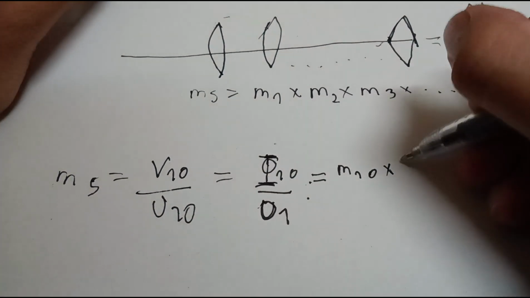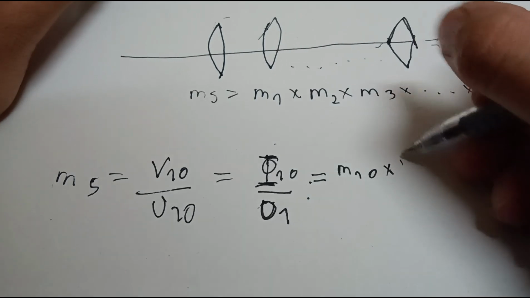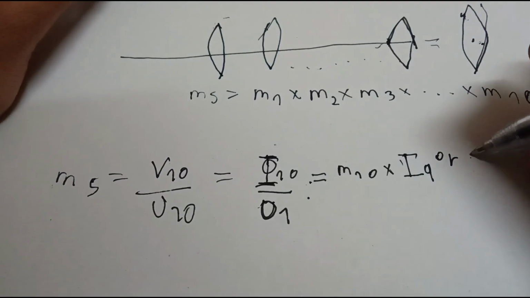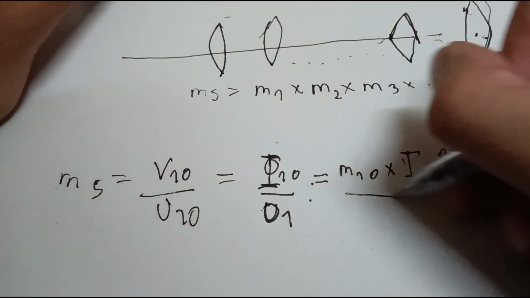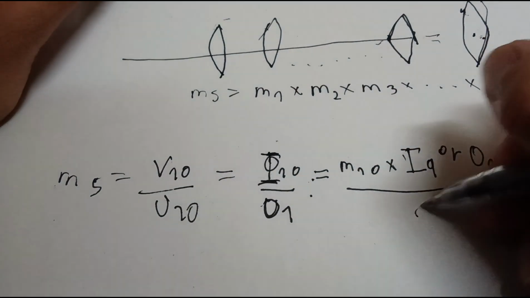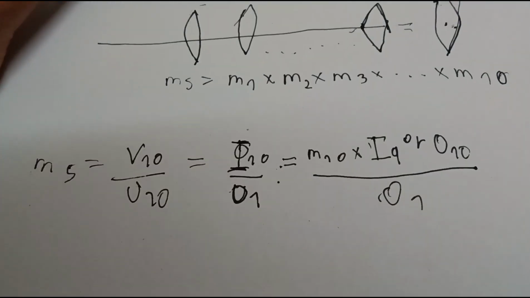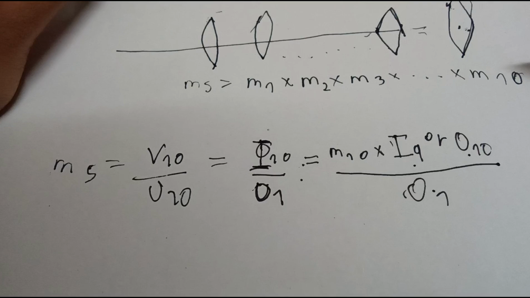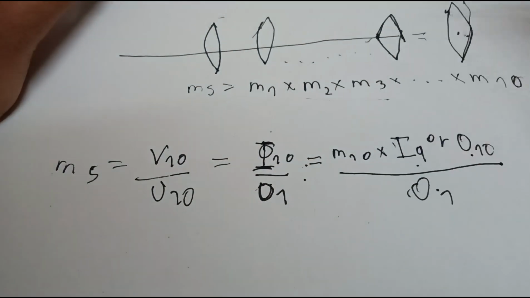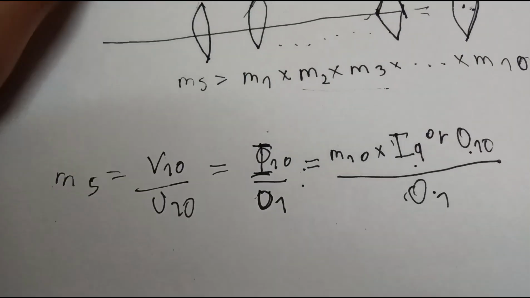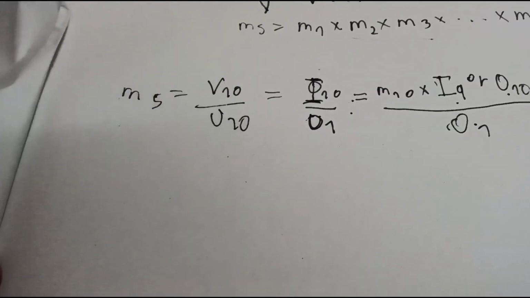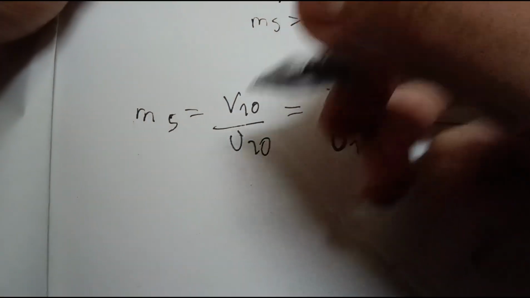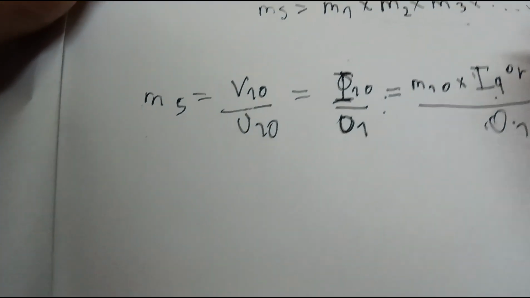So I can say it should be either I9 or O10, but we have upon O1. Now you might ask me, okay, I9 upon O1, still it doesn't come out to be this thing. Okay, yeah. Now let's do the bifurcation infinitely till we reach to the point that we are almost done.